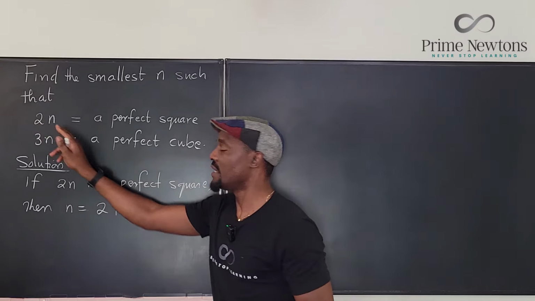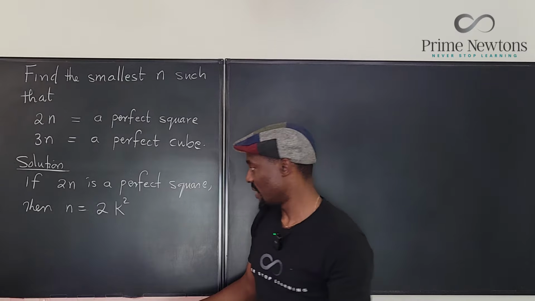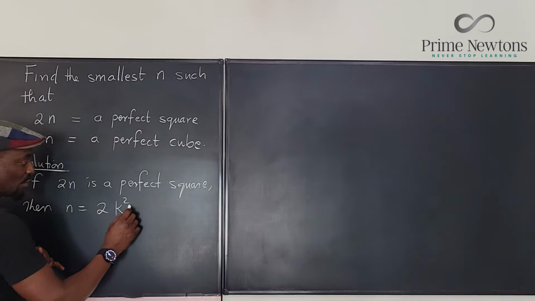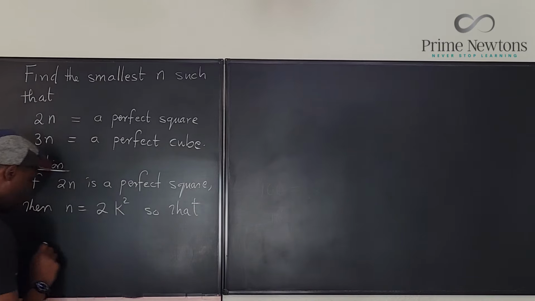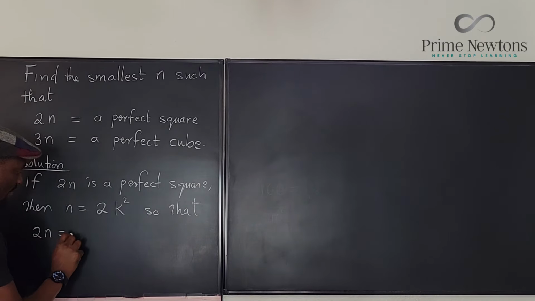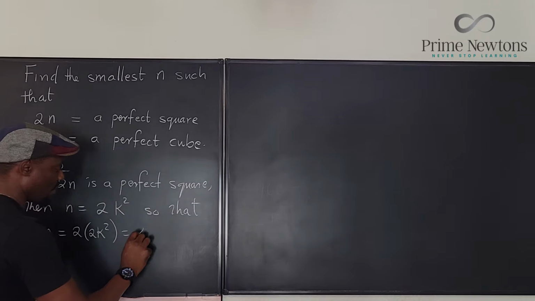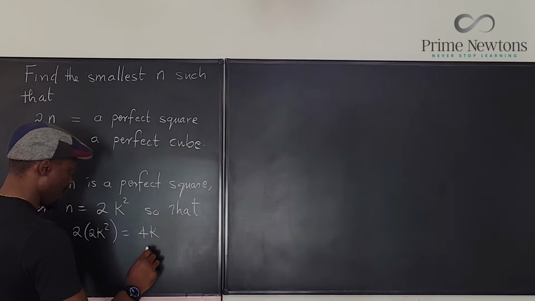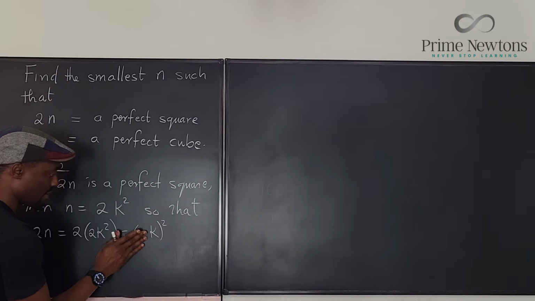That's what 2n is going to end up becoming. Okay, so then n is 2k squared, so that 2n will be equal to 2 times 2k squared, which is equal to 4k squared.